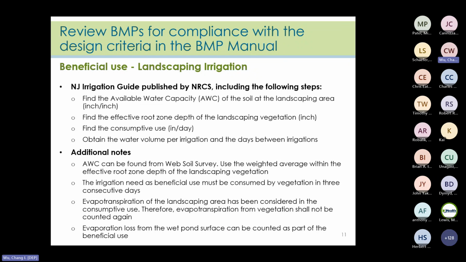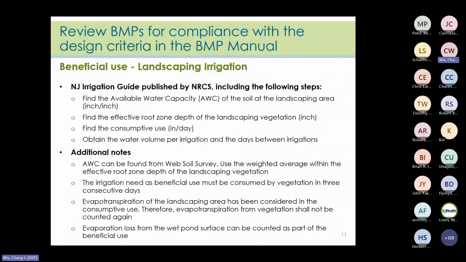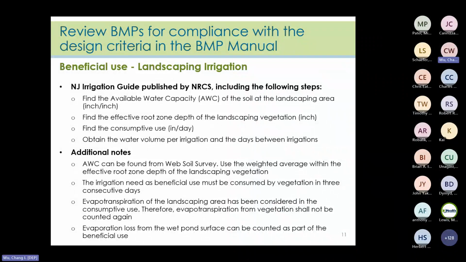And the available water capacity, AWC, can be found from Web Soil Survey, using the weighted average within the effective root zone depth of the landscaping vegetation. The irrigation needs as beneficial use must be consumed by vegetation in 3 consecutive days.